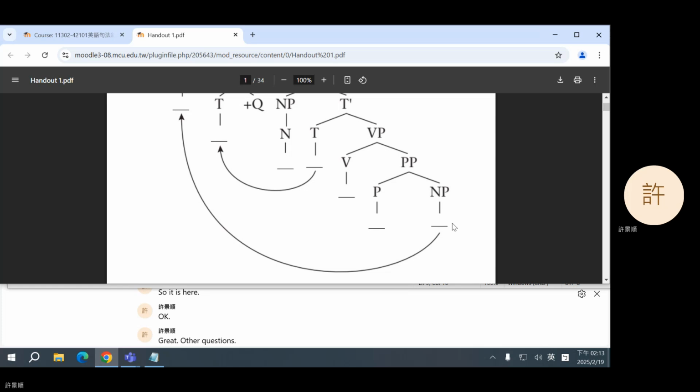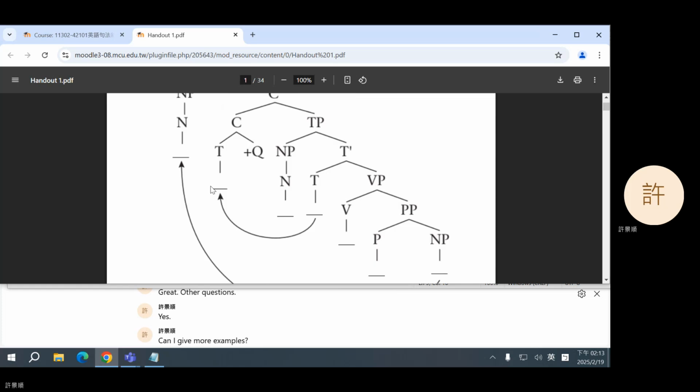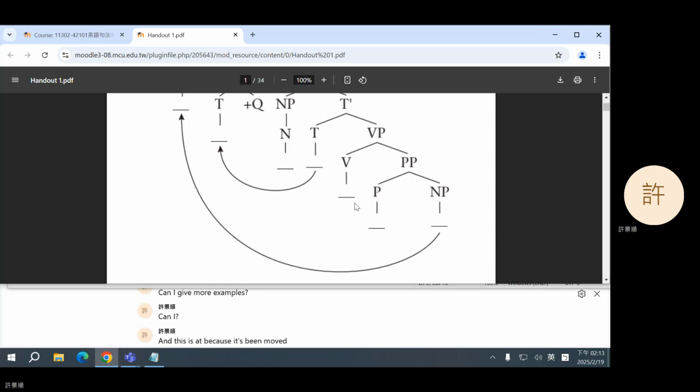Yes. Can I give more examples? Can I, and this is a T because it's been moved, give, and if you change this to an A, and this would be a noun phrase, more examples.